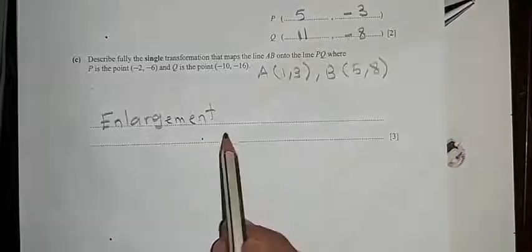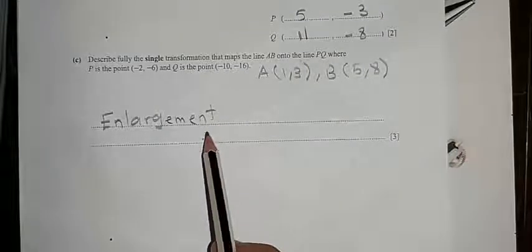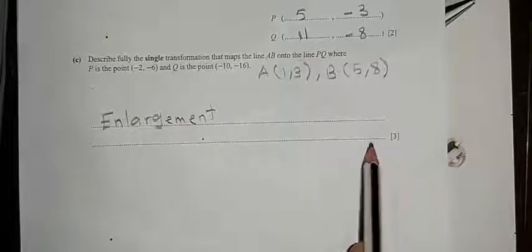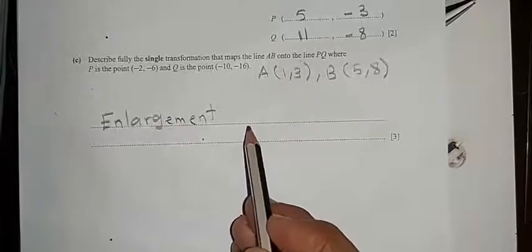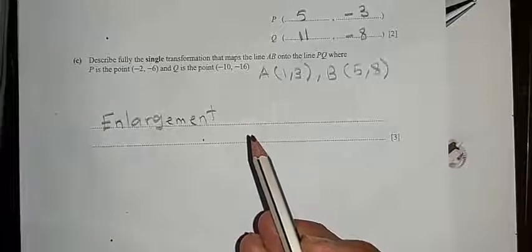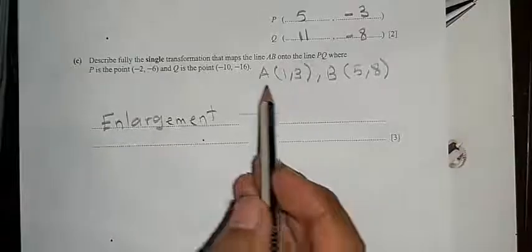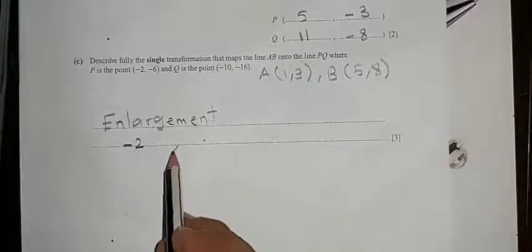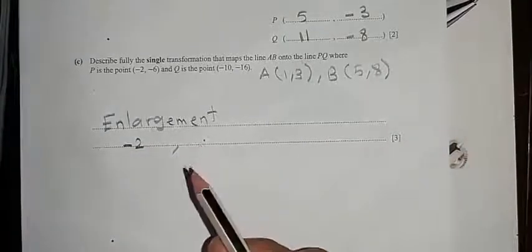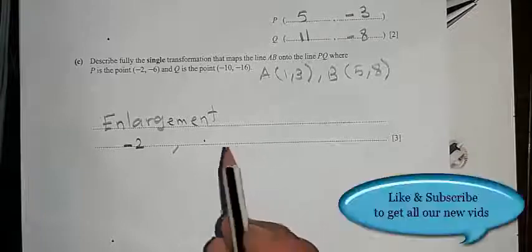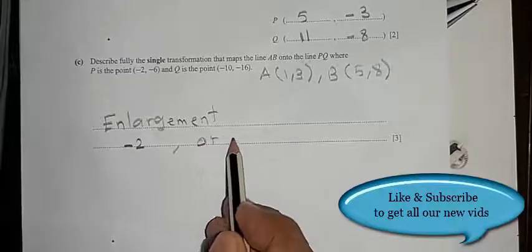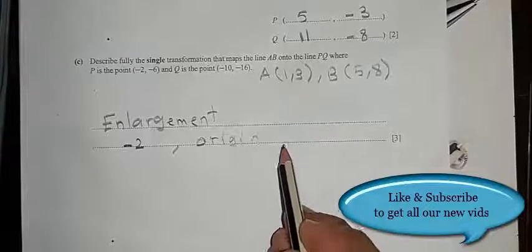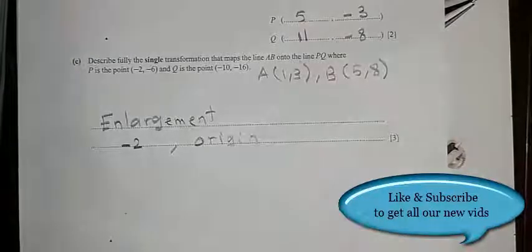This is the first mark from the 3 marks, and for the second mark we need to write the scale factor of enlargement. Sure, it's -2. We will write -2 here, and the center of enlargement is the origin. We can write here origin. Okay, or you can write the point 0 and 0.